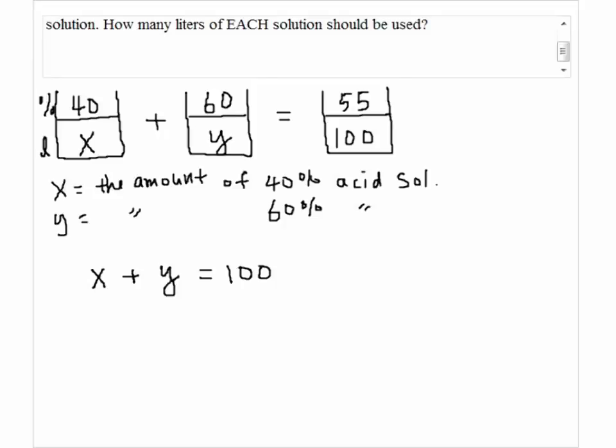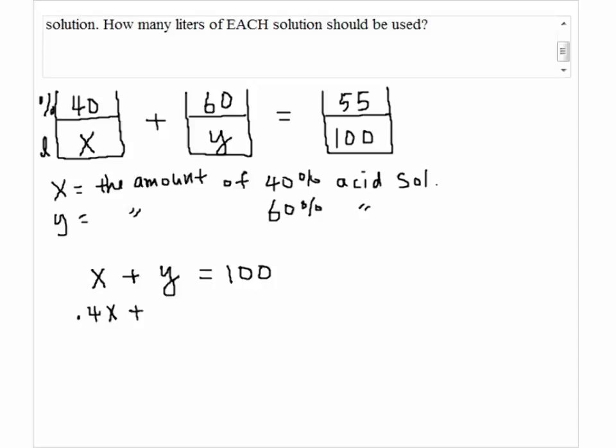Next, we're going to calculate the amount of pure acid. The pure acid is given by multiplying percentage in decimals by the amount of acid solution. So the pure acid amount for the first solution will be 0.4 times x.